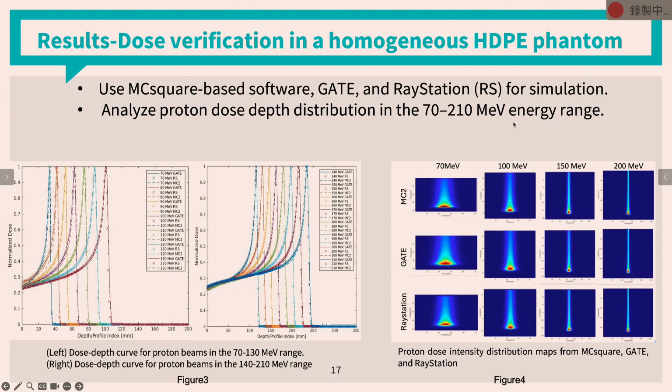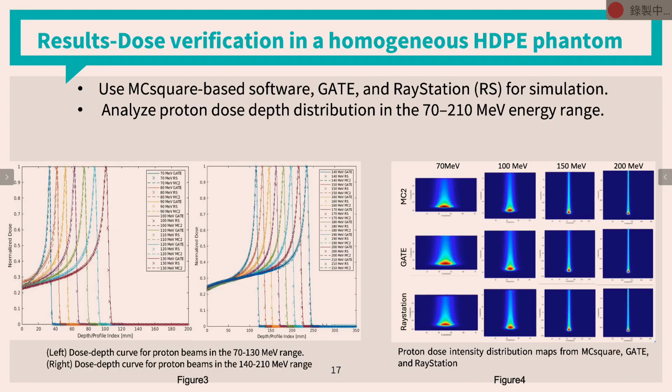On the left of figure 3, I have the depth dose distribution for the 70 to 130 MeV energy levels, and on the right, we can see the results for the 140 to 210 MeV range. This graph clearly shows that the calibrated MC² simulation software is highly consistent with GATE and RayStation, demonstrating the stability and accuracy of the physical modeling and numerical methods.